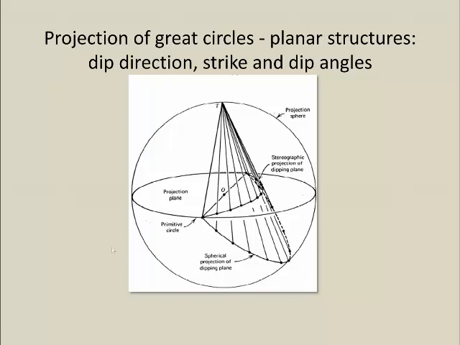What is called here projection plane is simply the Stereonet. And these little dots here are randomly chosen positions along the great circle that is projecting the intersection line of the plane with the lower hemisphere.